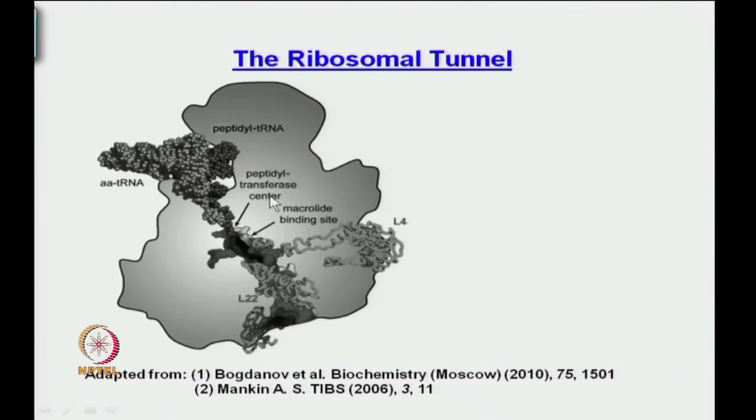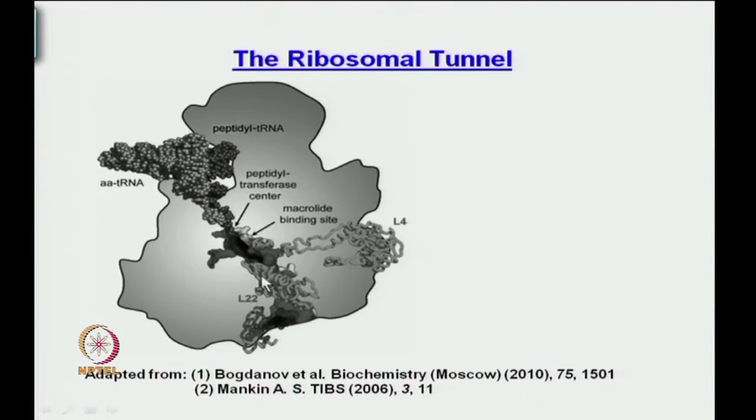If you follow the arrow, let me tell you the most important points here. This peptidyl transferase center, as I told you, is the PTC where the peptide is getting synthesized. Now, if you follow this arrow, this is how the peptide comes out.